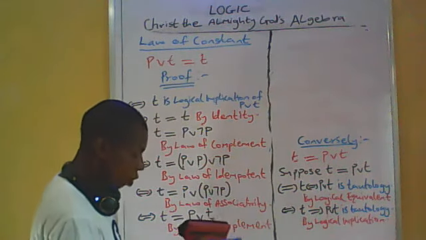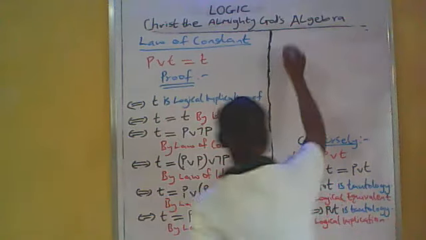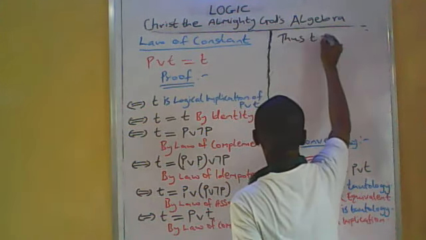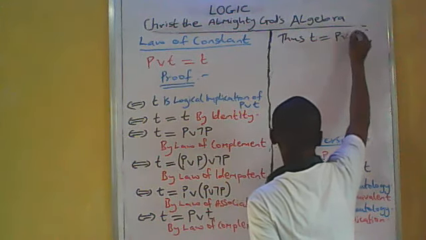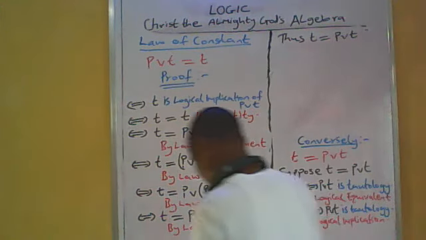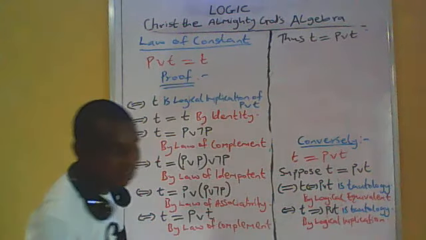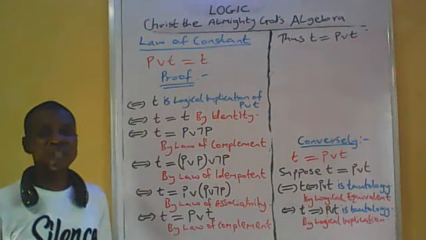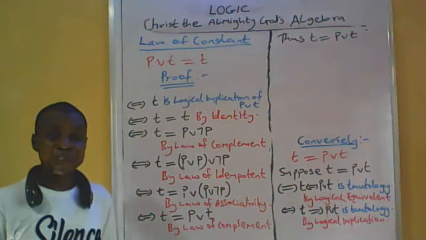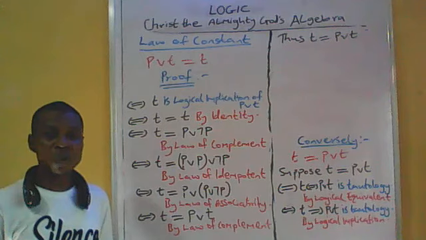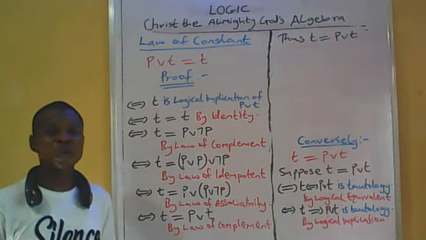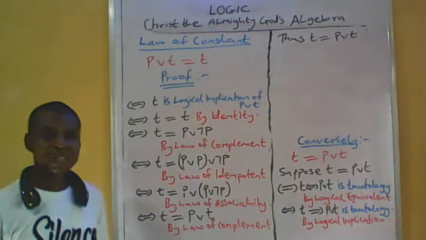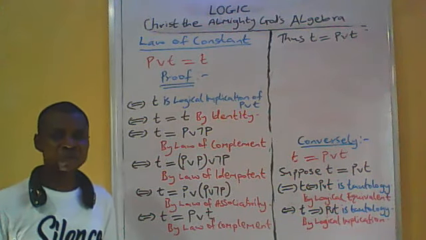We then conclude, thus T is equal to P or T. Since I have proved the converse by the principle of isoscelerity, we then establish that P or T is equal to T. Is law of constant by disjunctive statement.